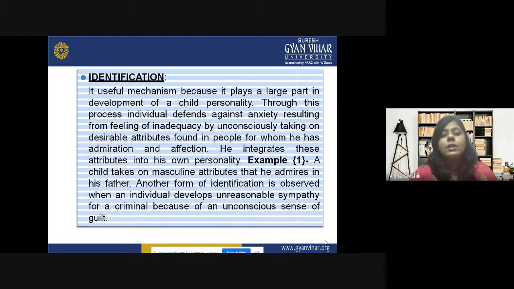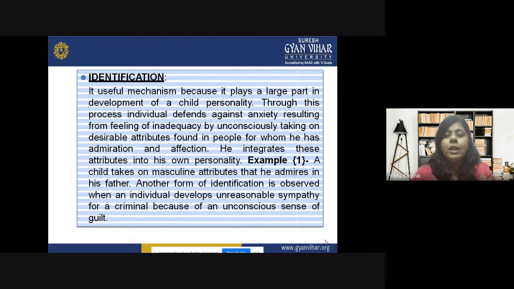Now the next one is identification. It is a useful mechanism because it plays a larger part in the development of a child's personality.